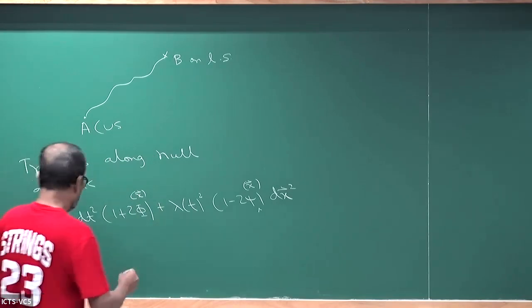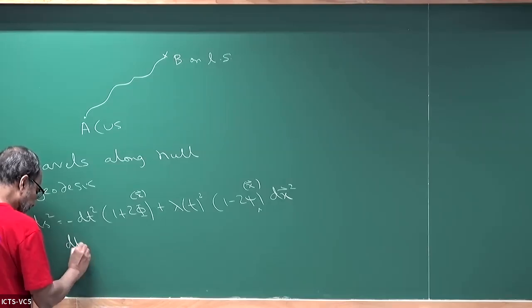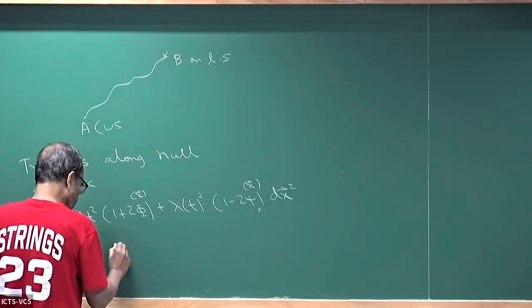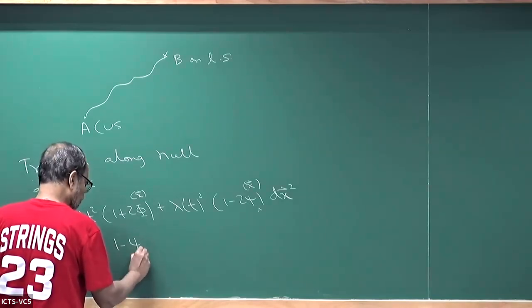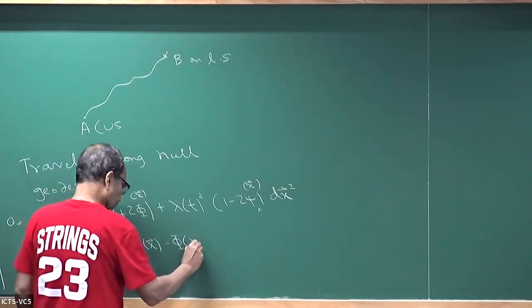So here we want to set ds square equal to 0. This tells us that dt over lambda of t is equal to 1 minus psi of x minus phi of x.